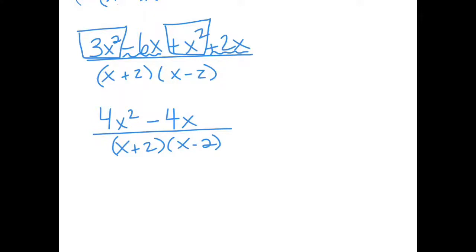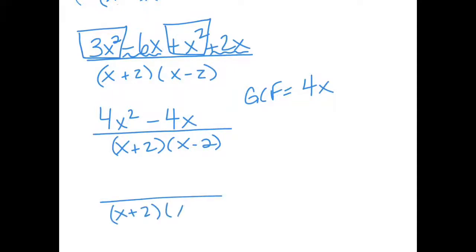First of all, I can see that the greatest common factor, something that's common to both terms 4x squared and minus 4x, is going to be 4x. 4x goes into 4x squared, and it also goes into minus 4x. So keeping my denominator, x plus 2, x minus 2, I can factor out my greatest common factor 4x.